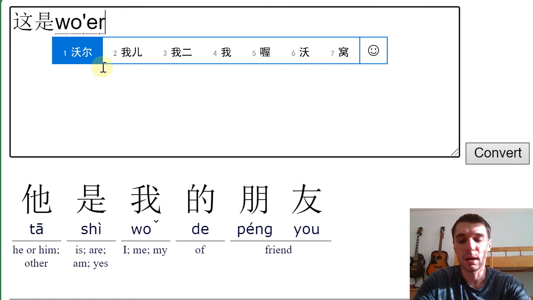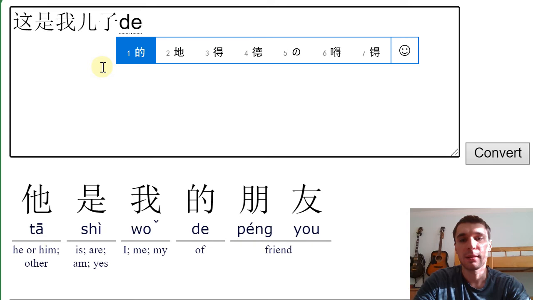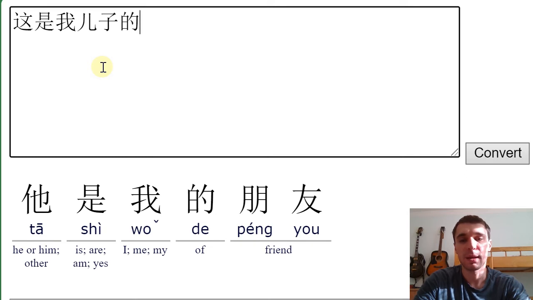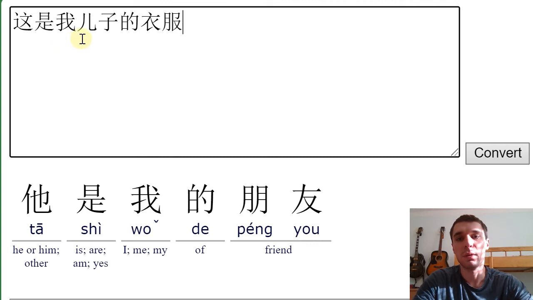Okay, 我儿子. Then I told you before, I say 我, my 我的, so my son's, I just add 的: 我儿子的, my son's. 衣服, my son's clothes. 这是我儿子的衣服. Okay, so after this video we will solve some more exercises, and you can master all these structures.